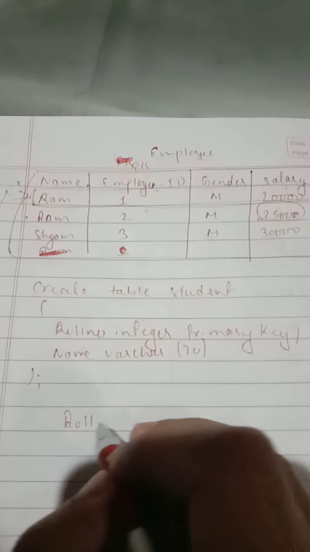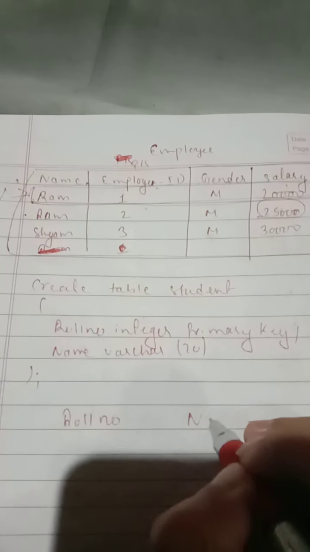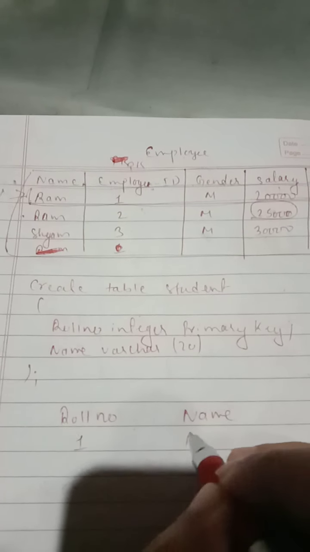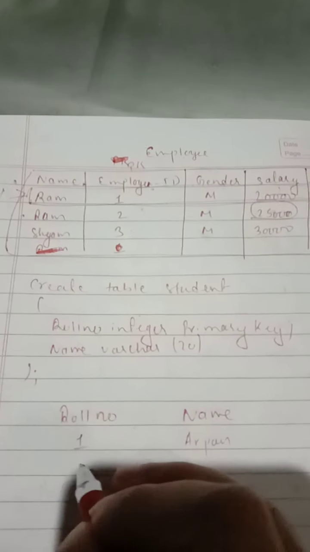Here I have created a table called student, and in this table we have columns like roll number and name. So 1 Urban, 2 Urban.